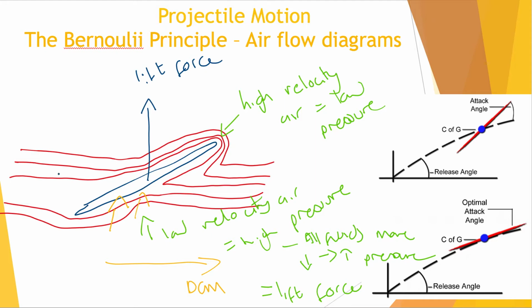Obviously, a discus and a javelin, they aren't aerofoil shapes, but because we're releasing them with this angle of attack, then we achieve that same effect. We achieve air going over the top and air coming underneath.